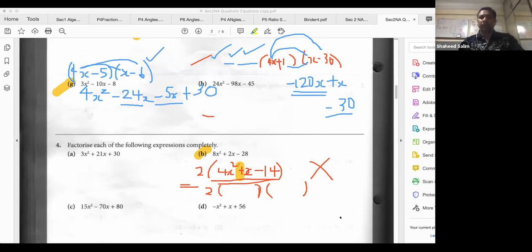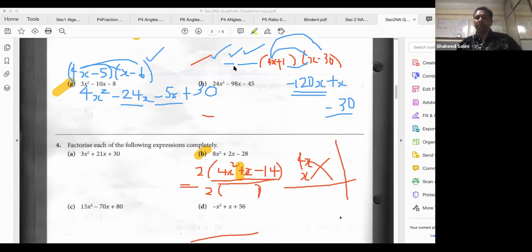Now, let us see. Shafi has given an answer. First of all, we can try 4x over here. 4x times x gives you 4x squared, right?